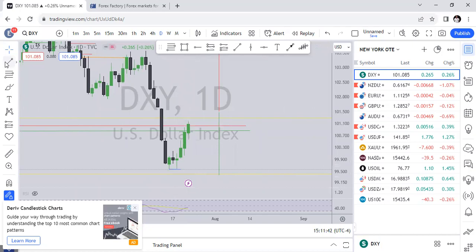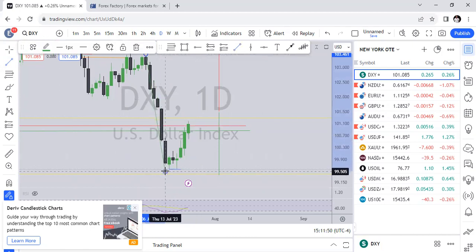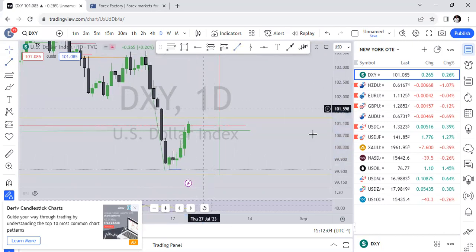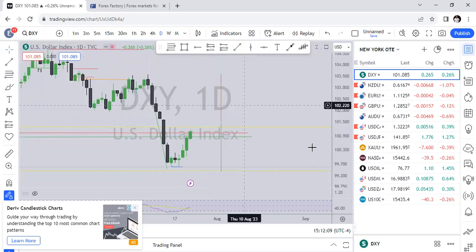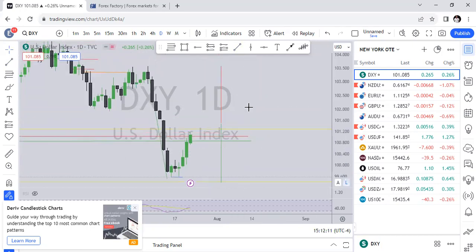Normally, when we have a one-sided move, because of the way the market delivers price, ideally we will expect that this pullback will come in. But now what we are looking at is, is the pullback complete? No.